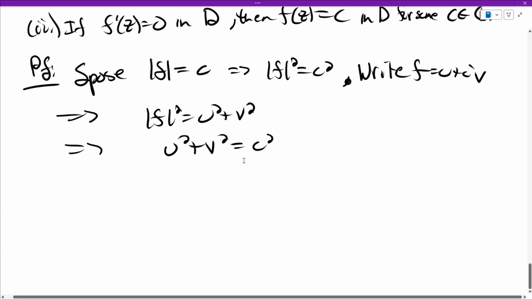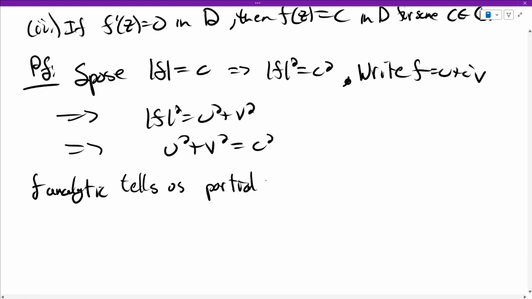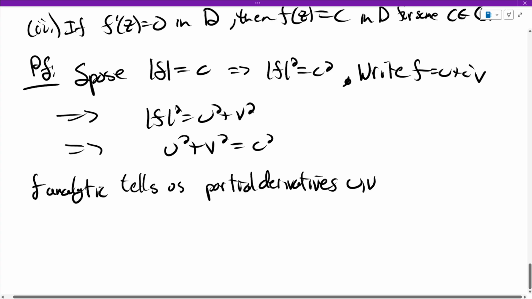Now, we know some information about f, namely f is analytic. So f analytic is going to tell us that the partial derivatives of u and v exist. And it actually gives us the Cauchy-Riemann equations that we'll use in a second.